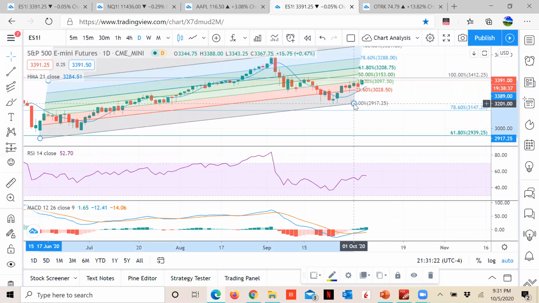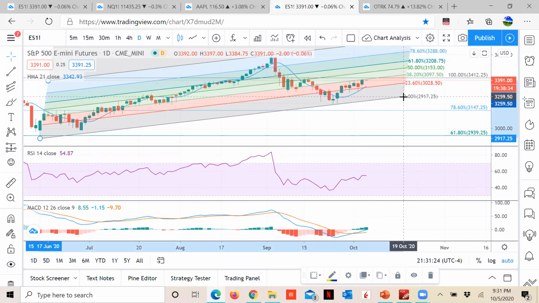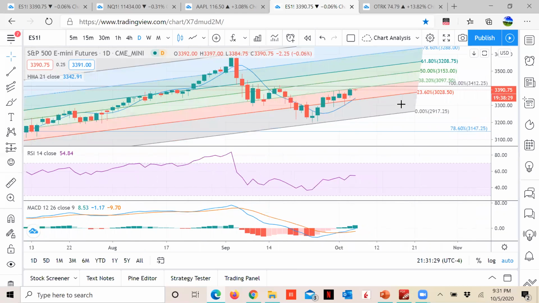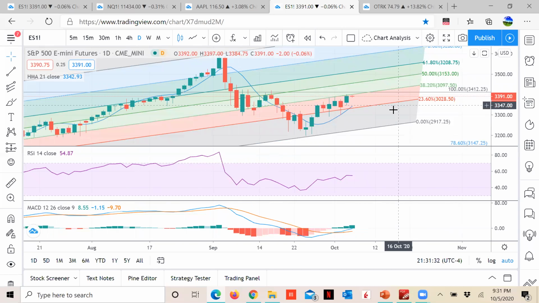Extend this line. Extrapolating that, I have this 100% 3412 resistance here, and I have these individual channel lines as my resistance diagonally. Whenever you see that 100% and this green line, the 38.2% line, these two lines combined together give a very strong resistance.